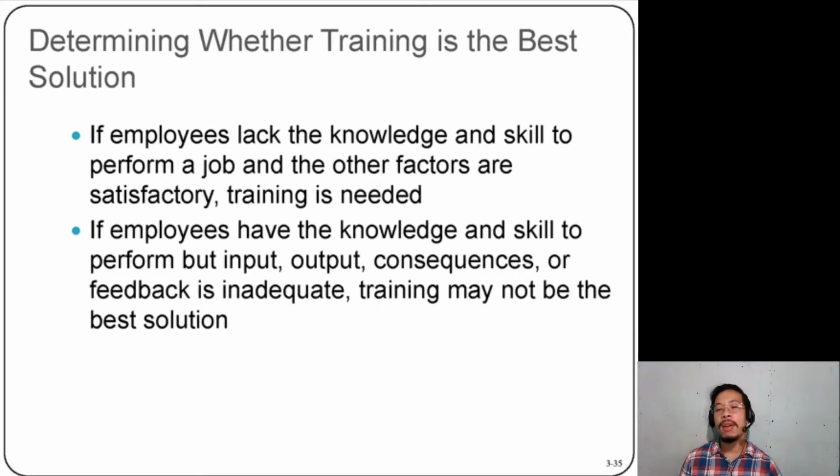If employees have the knowledge and skill to perform, but input-output consequences or feedback is inadequate, training may not be the best solution. So, for example, if they have the skills, but they don't have the proper support, the proper resources, the support from the management, or the morale, and they perform well but get no feedback from their managers that they are doing well, then perhaps there is something wrong with the management in the organization and training may not be necessary.